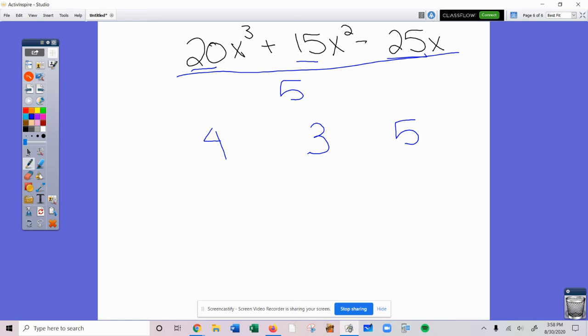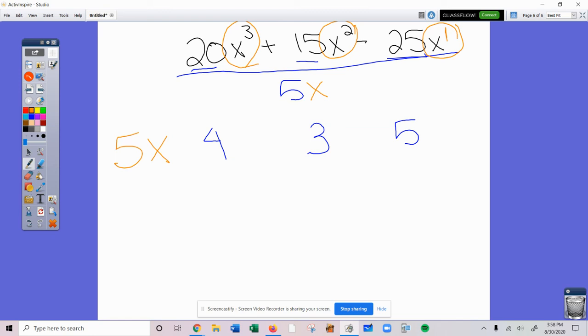Okay, but I don't have the full GCF yet because I still need to consider if they all have the letter. Okay, and they do all have the variable of x. The smallest one is x to the first power. Okay, so my GCF is going to be 5x.